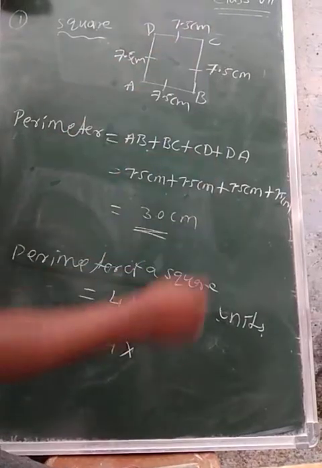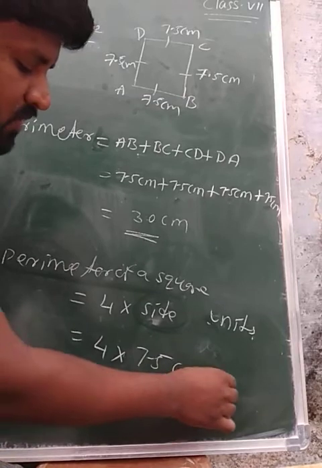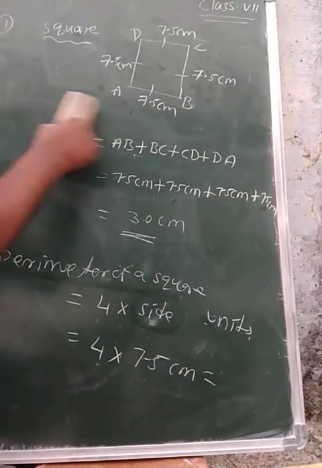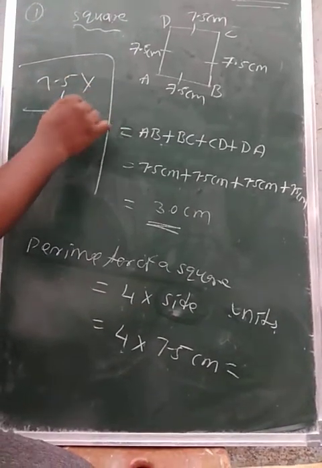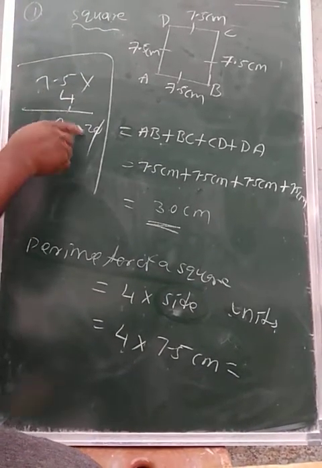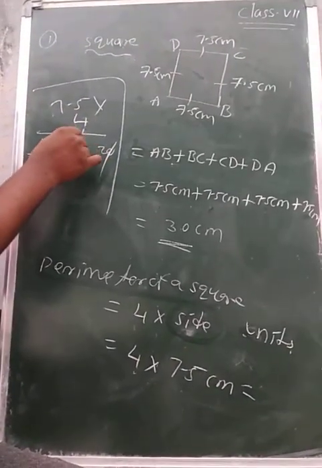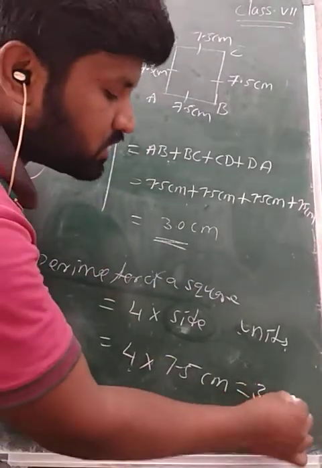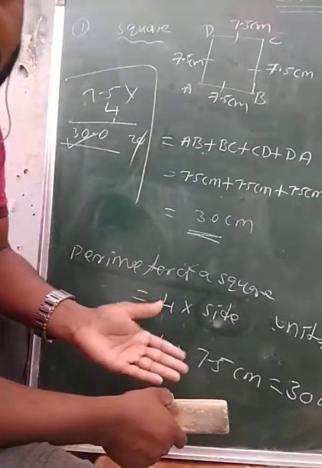You can take any side, 7.5 centimeters. 4 into 7.5, just do the actual multiplication. 7.5 into 4: four 5s are 20, 0; four 7s are 28 plus 2 is 30. Since the digit after the point is 0, we get 30. So by using the formula you can find the perimeter of a square easily.